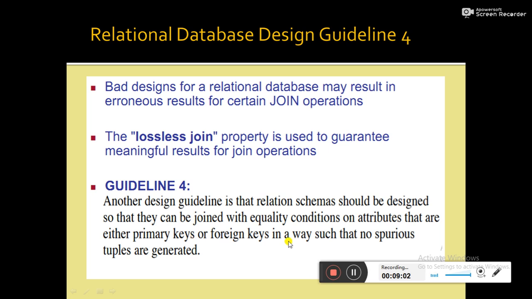We have to perform the join operation between the two relations based on a particular attribute which is either a primary key or foreign key. If we do that, then it guarantees that no spurious tuple will be generated. So this is guideline number 4.